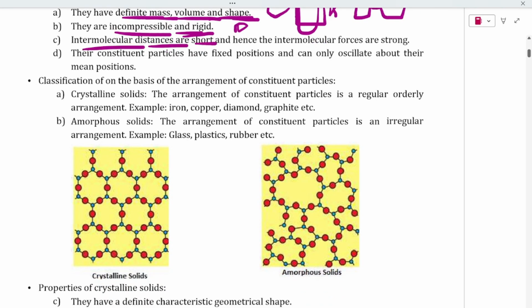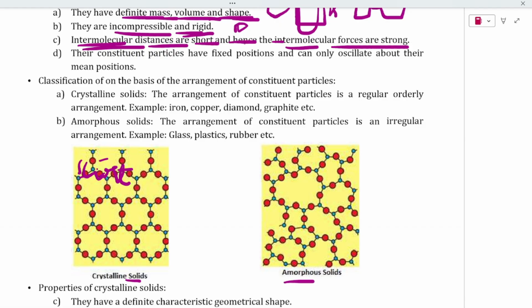Intermolecular distances are very short and intermolecular forces are strong. If you compare solids, they are either crystalline or amorphous. Let's see that. The distances between the particles are short.